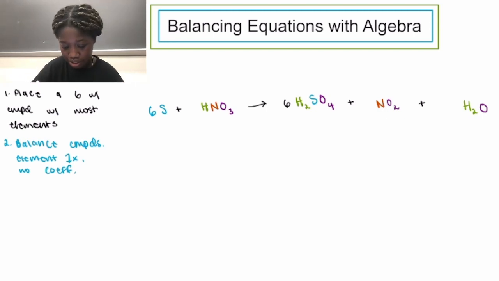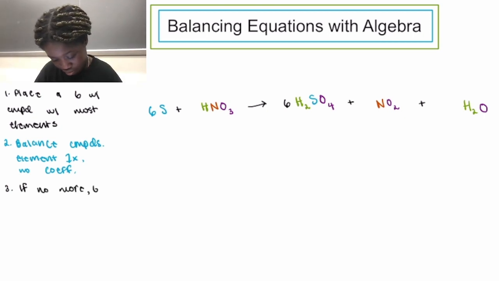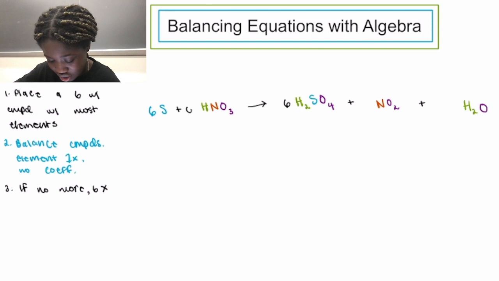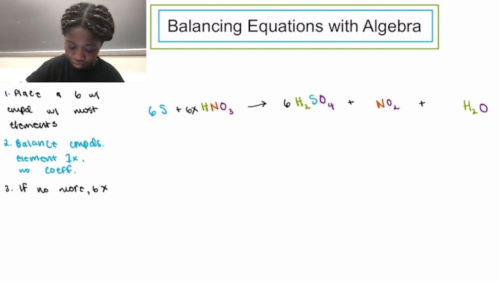And now, at this step, you will place a 6x in front of the compound that has the most elements. And so in this equation, it is HNO3, so I'll place a 6x here.